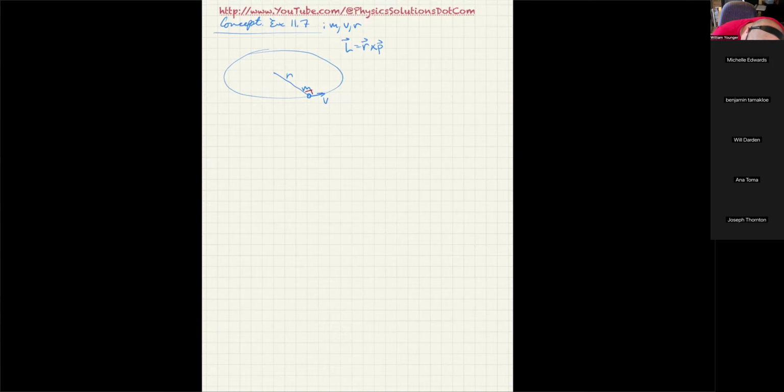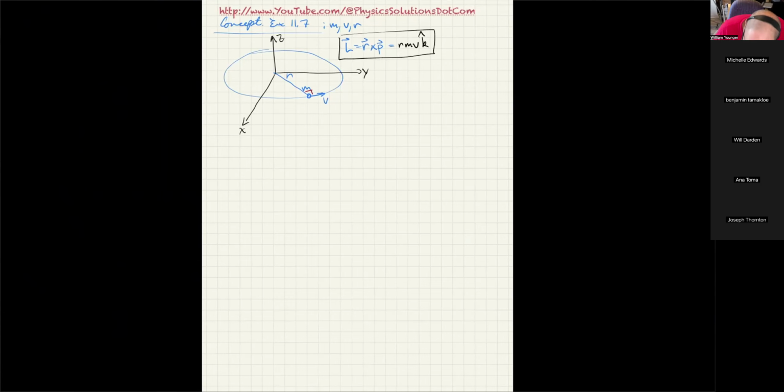So in this case, if I choose to make my coordinate system this way, this would be x, this would be y, and then by the right hand rule, the z has to point up. Then I could say that L is r times m times v k hat.